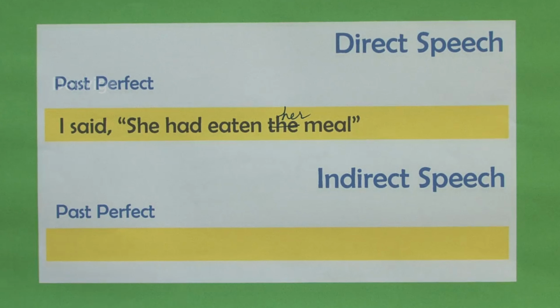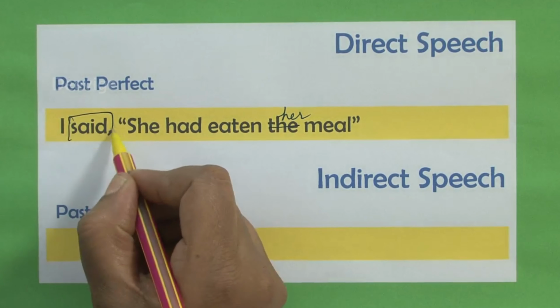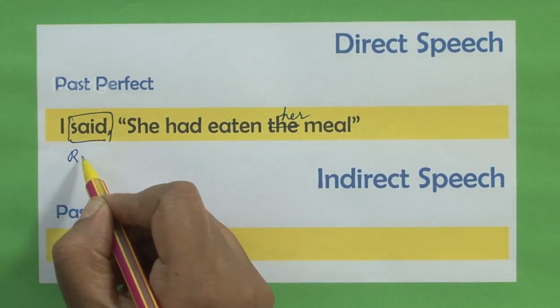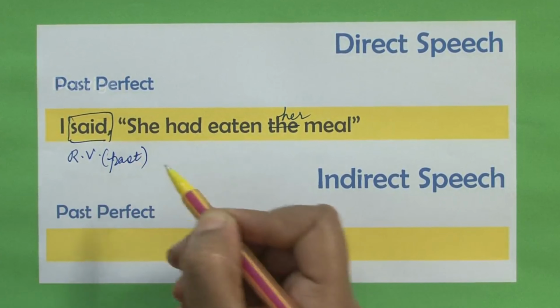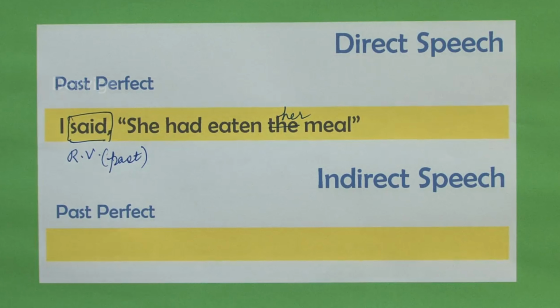Reporting verb, yes, it is said. It is in the past tense. Now, what is the sentence that we have here within the inverted commas, students? It is, she had eaten her meal. I have changed the word the to her because that is more appropriate. She had eaten her meal.